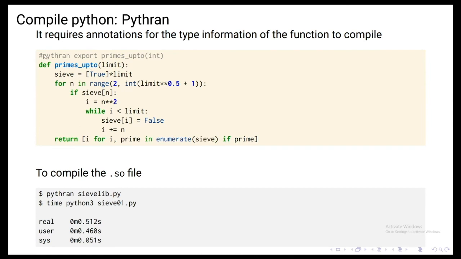Then the Python tool will do some analysis, like a compiler at the end, and infer the data types of the rest from the initial information that you gave. It will generate C++ code, compile it, and generate in the same folder a compiled Python extension module that you can import.